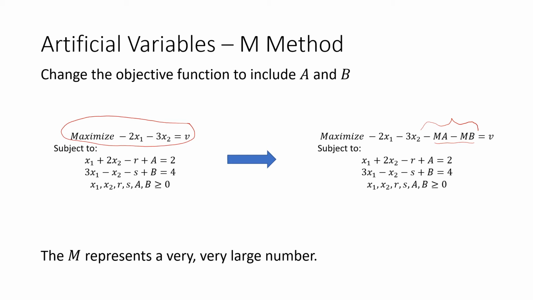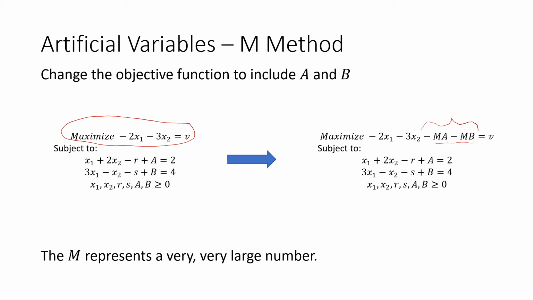Now, generally when we solve this, we leave the M in as an algebraic number, just recognizing that it is going to be much larger than anything else. In the book, they actually say, well, let's find a number that works. So here we're dealing with numbers 2, 3, 4 in this problem. If you set M equal to 100 or set M equal to 1,000, just put that number in for M and it's going to work as well.